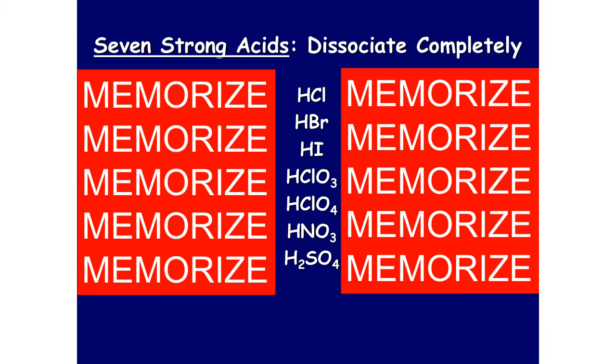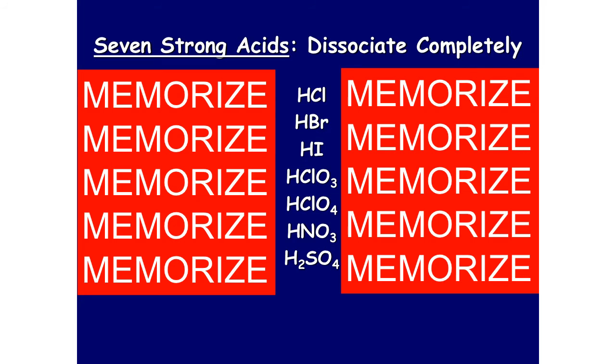So I'm not being very subtle on this slide. I need you to memorize these 7 strong acids. So HCl, that should be easy. HCl is our most common acid that we've ever used in lab.